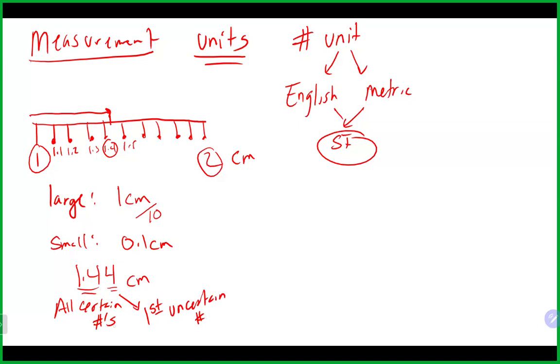And it is customary to record all the certain numbers plus that very first uncertain number when you take a measurement. And that is what represents significant figures in a measurement. In this particular case, this would have 3 significant figures, with the uncertain number, or the estimated digit, being that last significant figure.